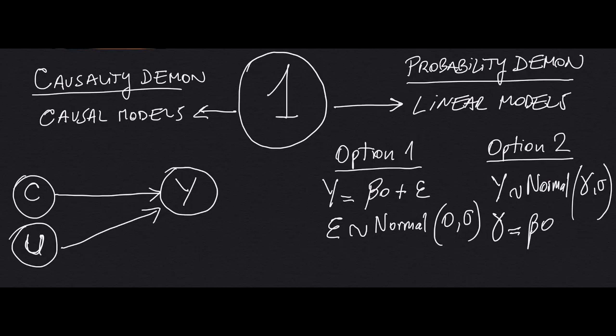Now, as a causal model, it's not a really good one, because it's saying, first of all, the variability of Y is determined by a constant. So that doesn't explain much or anything at all. And then the other variable is unknown.